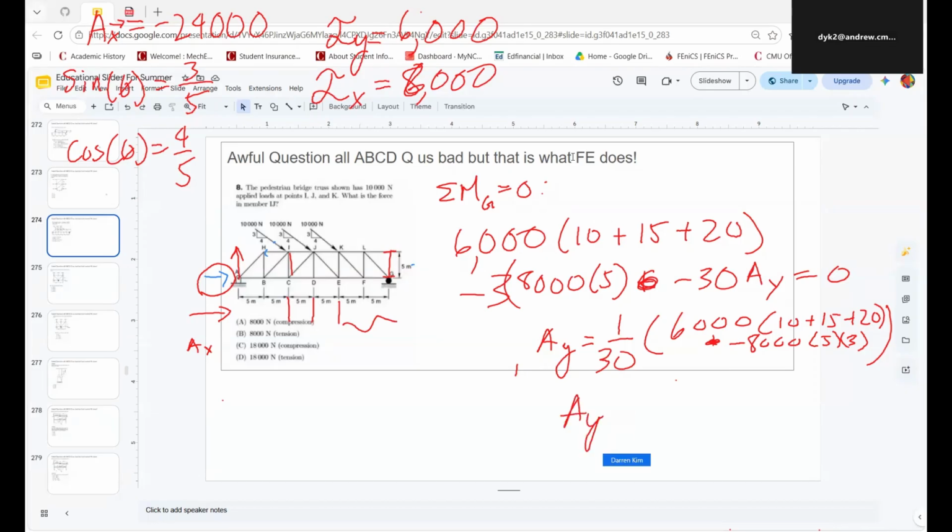So AY equals 5,000 newtons. With that said, we have AY now, so AY equals 5,000.